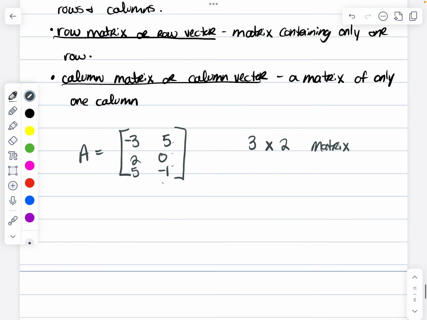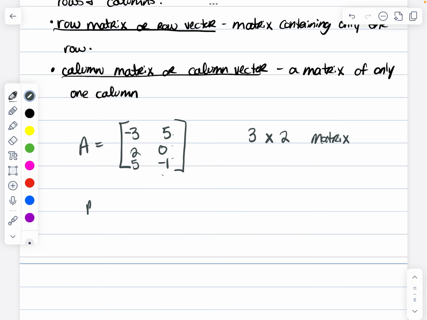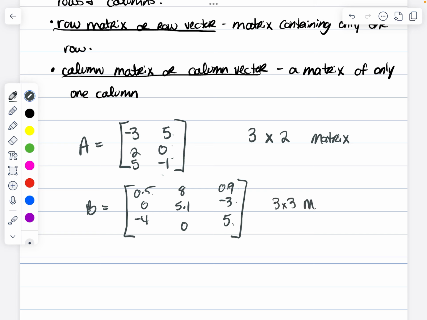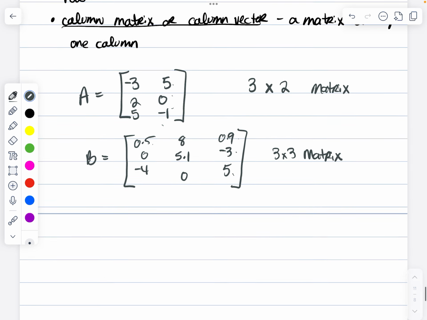And then let's say we have matrix B, where we have 0.5, 0, -4, 8, 5.1, 0, 0.9, -3, 5. This has 3 rows and 3 columns, so we would call this a 3 by 3 matrix. And yes, it's a square matrix.